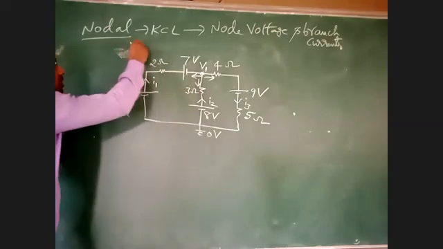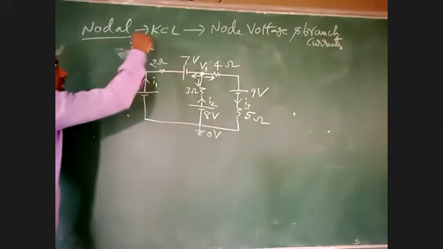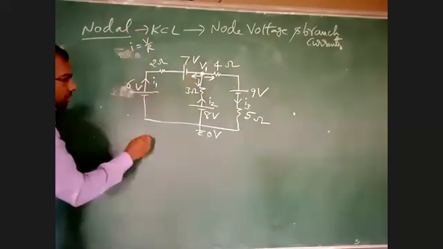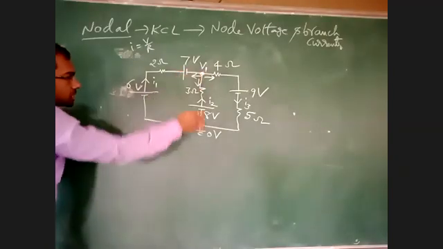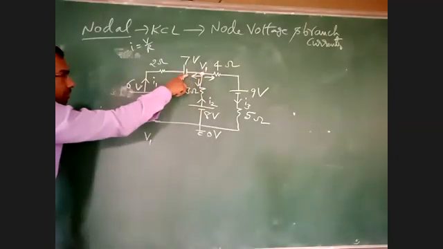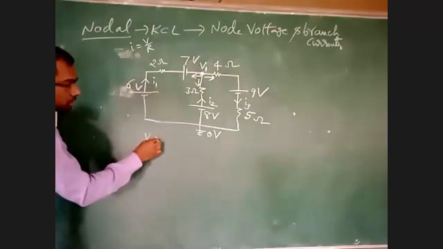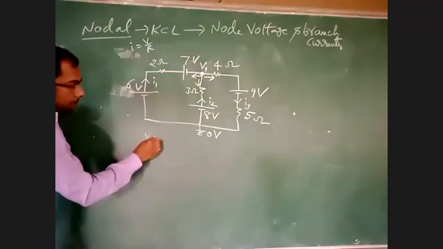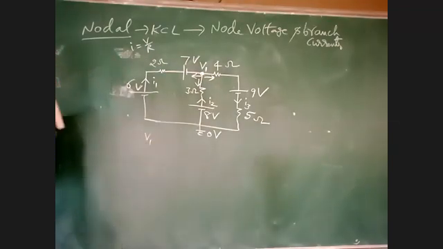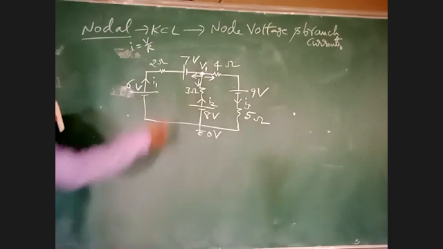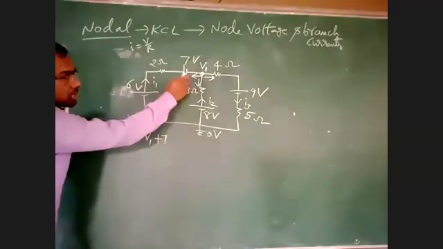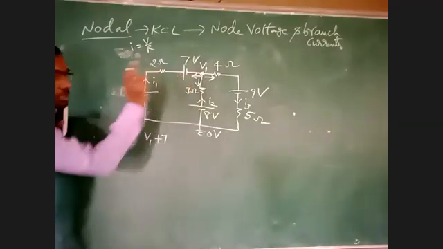You know current is equal to V by R. In the numerator, write voltage. V1 is the high potential, 0 low potential. V1 plus 7 or minus 7? Plus 7. Now remember, always the smaller terminal is negative, the bigger terminal is the positive terminal.